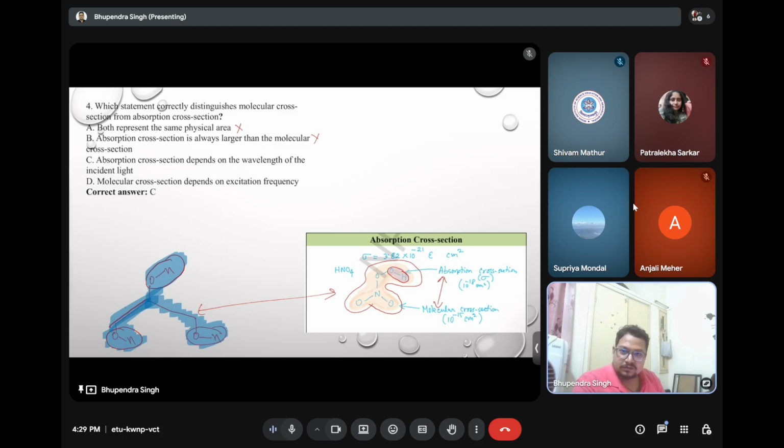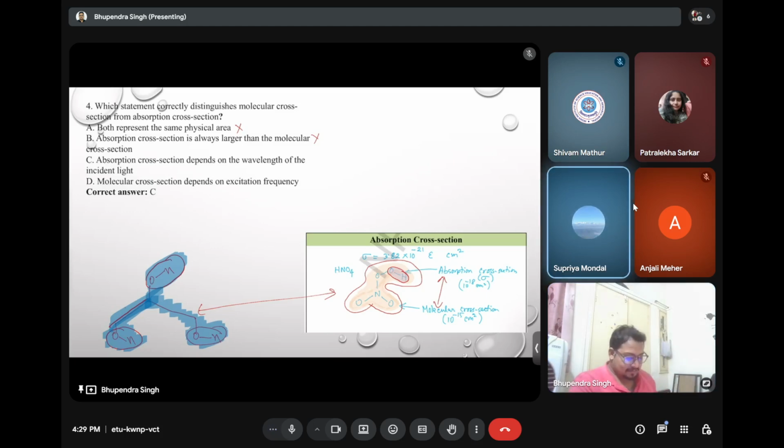But here it is written molecular cross section depends on excitation frequency, and the molecular cross section doesn't depend on any frequency. It is the molecular cross section. You just have to bisect the molecule.